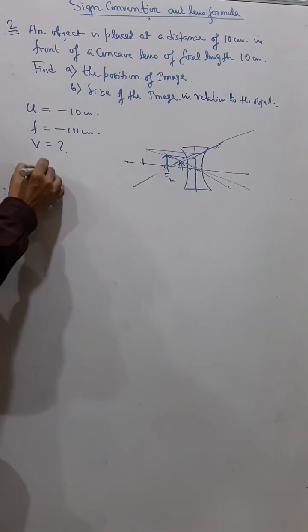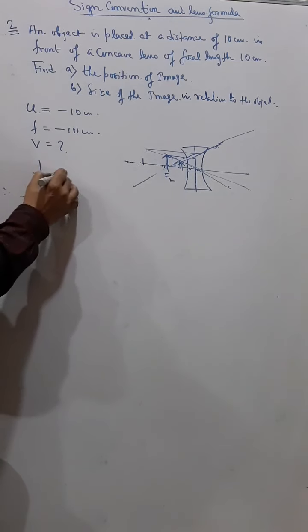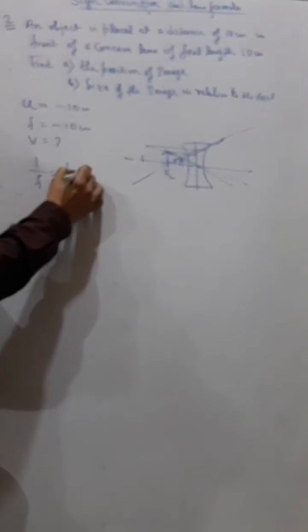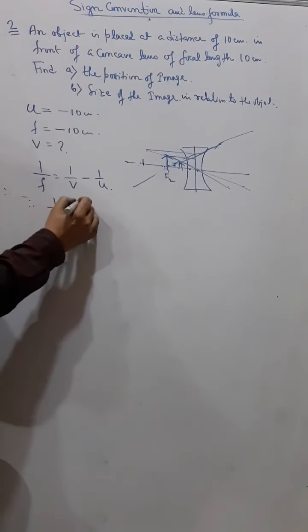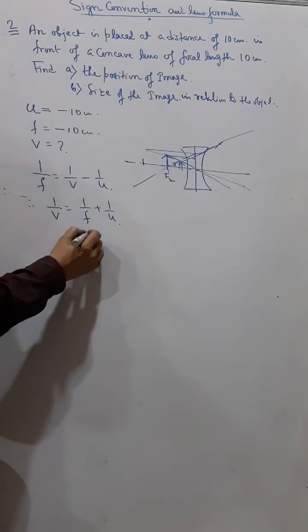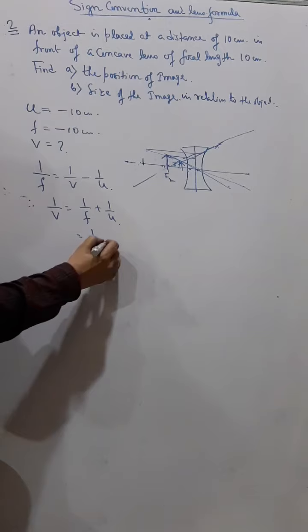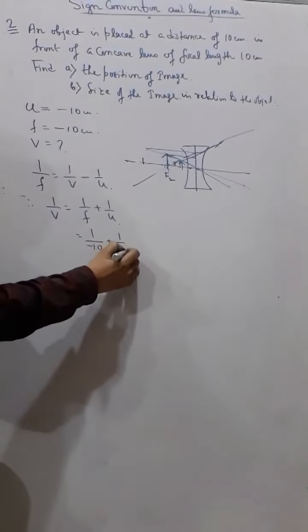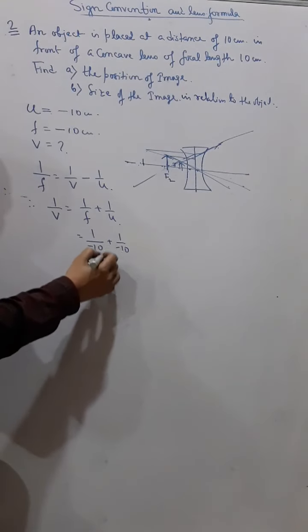So you know how to find V again. 1 by F equals 1 by V minus 1 by U, and therefore you have 1 by V equals 1 by F plus 1 by U, that is 1 by minus 10 plus 1 by minus 10. So finally you get what?